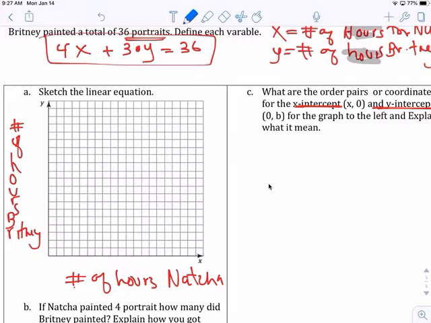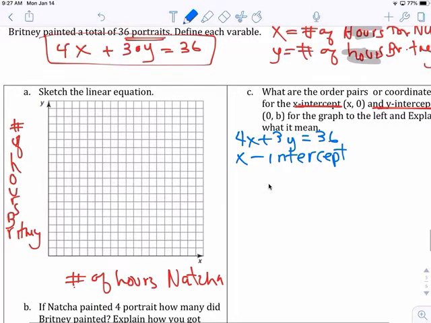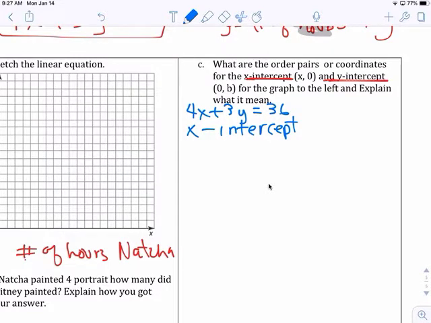Okay, so you got 4x plus 3y equals 36. The X-intercept, there's no y, so it's 4x equals 36.